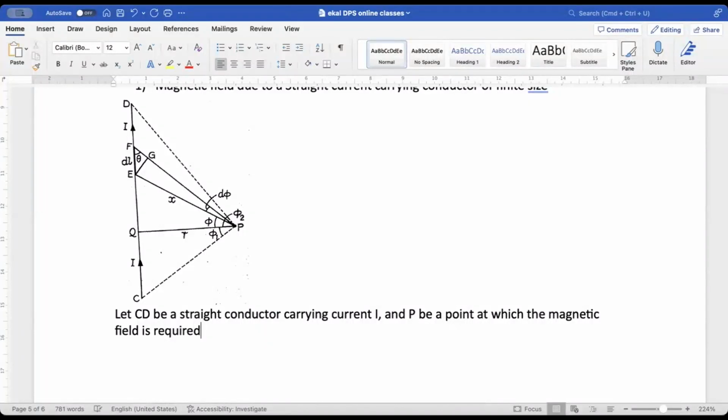Now let us draw a perpendicular from point P, which meets the conductor at Q. So let PQ be R.